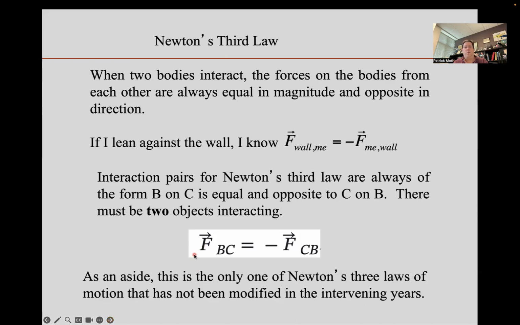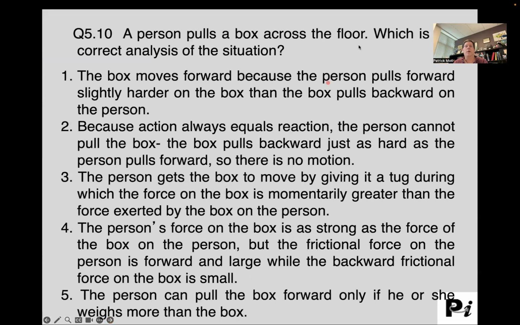All right, so let's practice with this idea of Newton's third law of motion with some questions. A person pulls a box across the floor. Which is the correct analysis of the situation? Read through all 5 possibilities. Only one of them is correct.